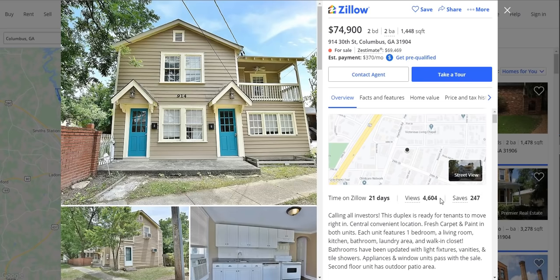But what might be important is this number here, the number of saves. 247 people have saved this listing after looking at it, and the property's only been on the market for, like I say, 21 days. So 247 prospective buyers have expressed at least an interest in this property. They were interested enough to save it to come back and review it later.